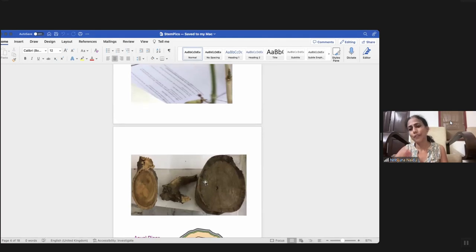Some old trunk, if you find it somewhere, just collect a piece and keep it with you. If somebody's chopping off trees, you can collect a piece. You can also have pictures of fungus growing on tree trunks, or collect samples also. I have a sample like this.